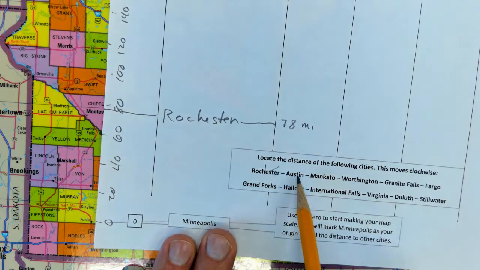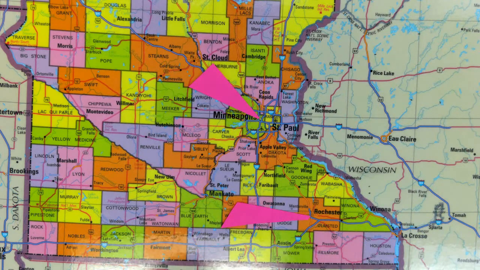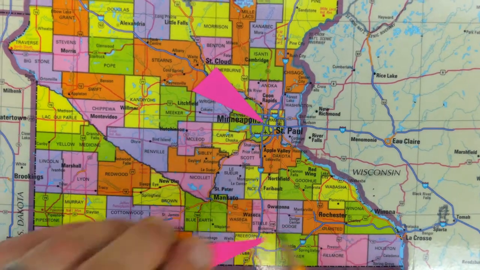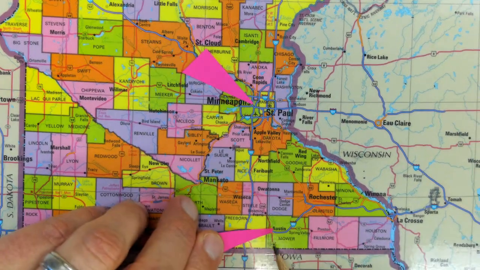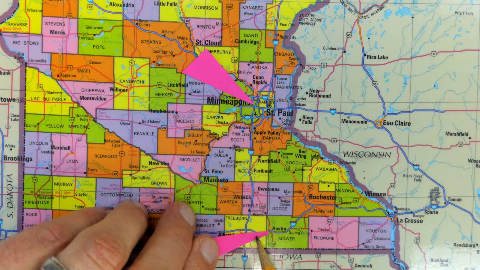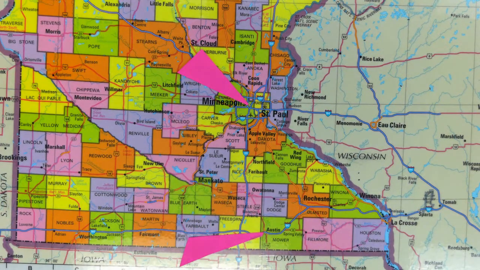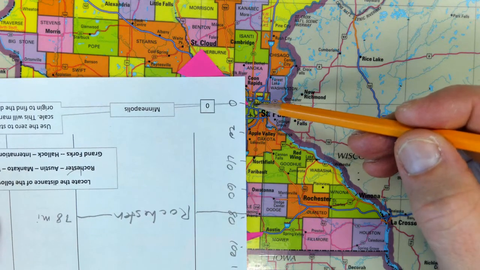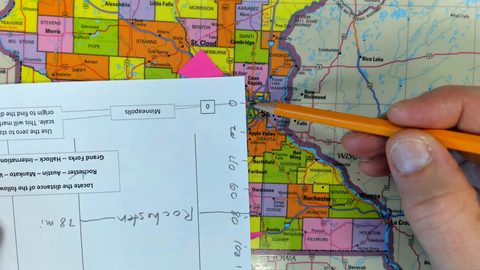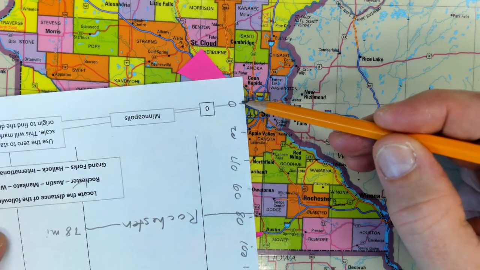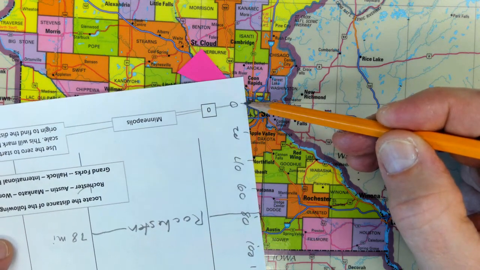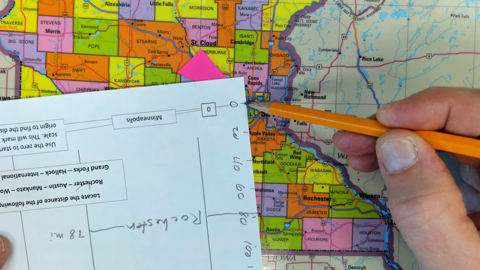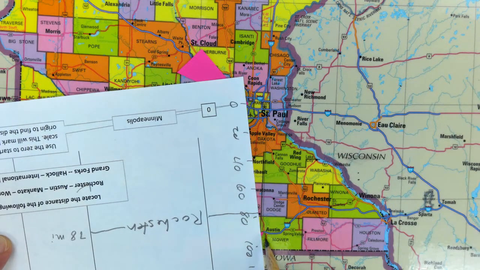Our next one is Minneapolis to Austin. Okay, did Rochester. Now we're going to do it to Austin, and Austin is right here. Okay, put my map scale down, put the 0 where I'm starting at Minneapolis, and I can even swivel it right there. There's Austin about right here.